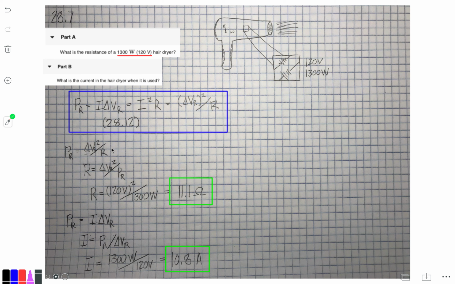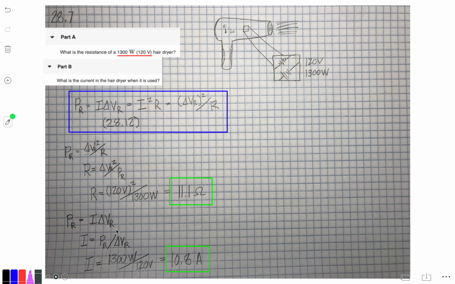So for the next part of the problem, we're asking for current in the hair dryer. Again, this one's pretty straightforward. We're just going to be using this relationship again, except we're going to be using this right here, since we have potential difference of the resistor, as well as current and power. I suppose that we could use something involving R, but this one just made a little bit more sense to me.